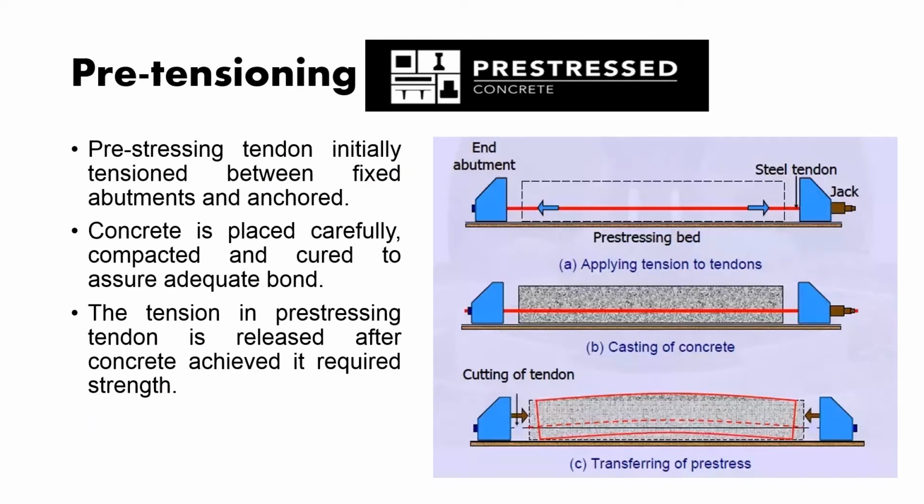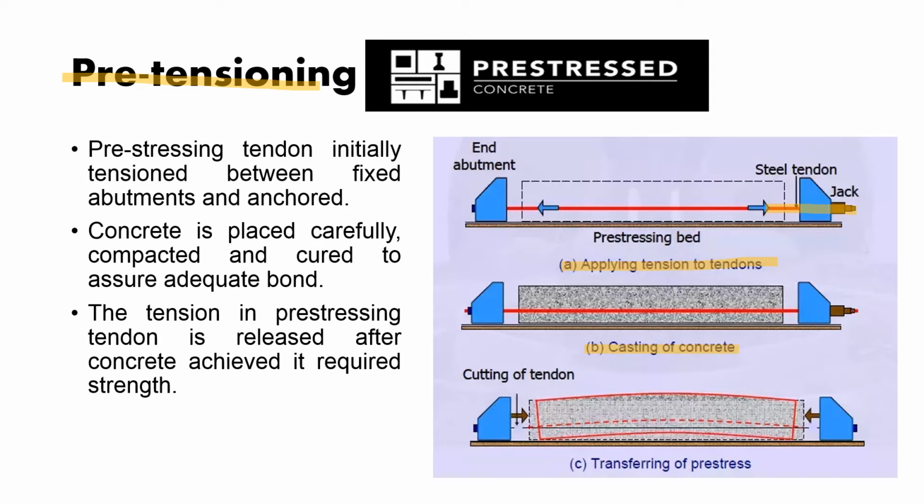Let's talk about the pretensioning method. Prestressing tendons are initially tensioned between a fixed abutment and anchor. Look at this first photo, applying tension to tendons. These steel tendons are pulled by using a hydraulic jack. After that, concrete is placed carefully, compacted and cured to ensure adequate bond, which means the casting of concrete.